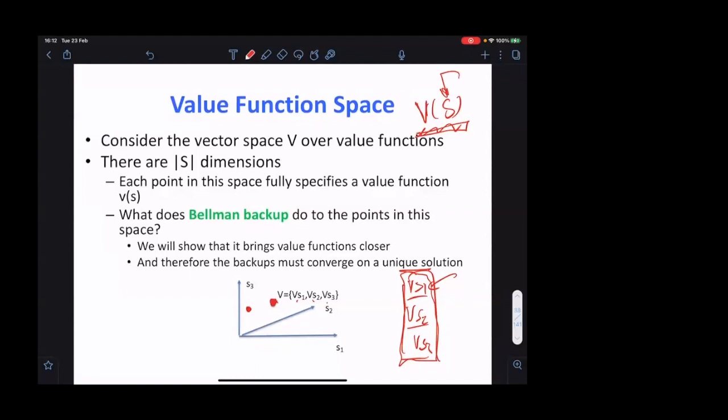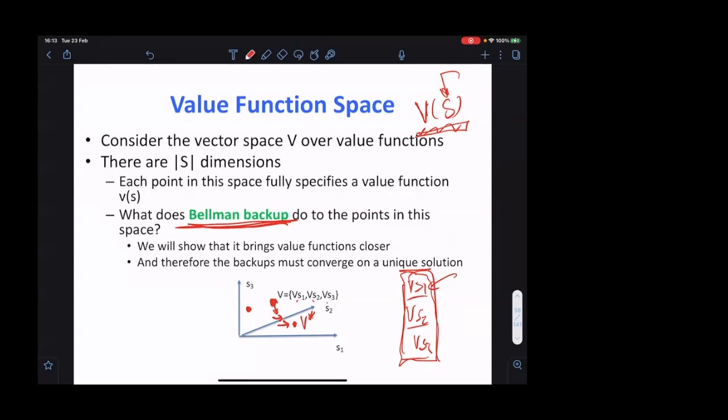Suppose you have an optimal value function here. The backup function would guarantee you to move gradually to the optimal ones. I shouldn't call it the Bellman backup function, but rather Bellman backup operators.